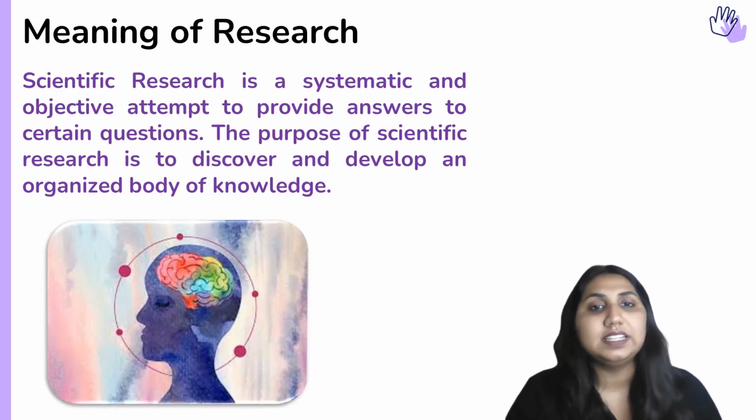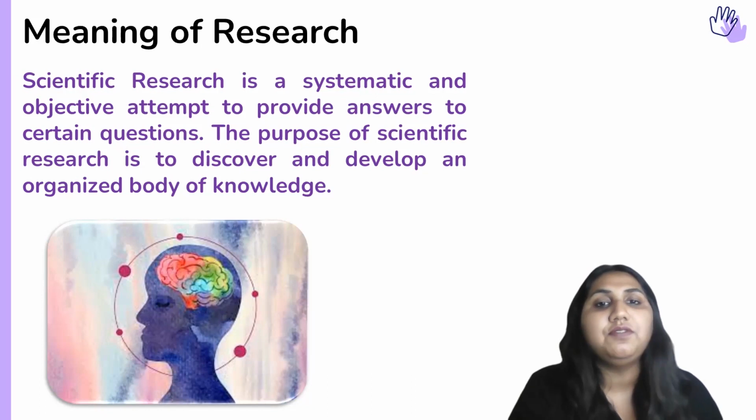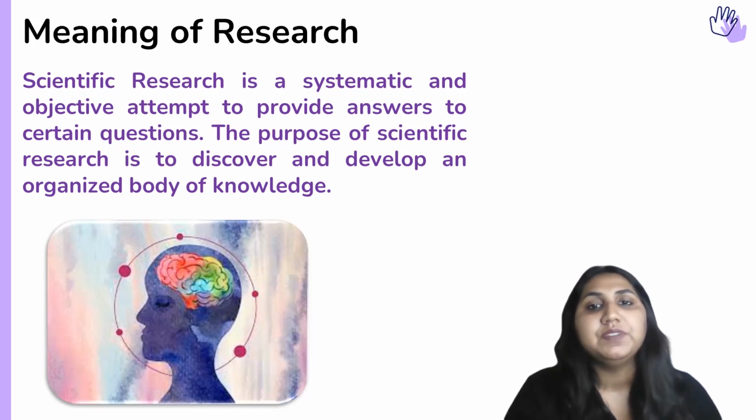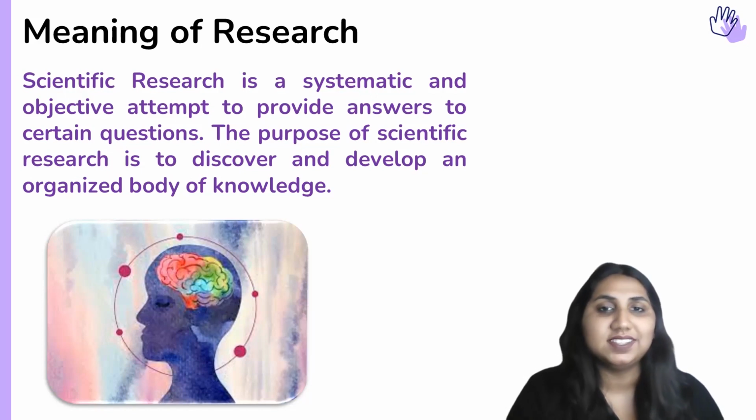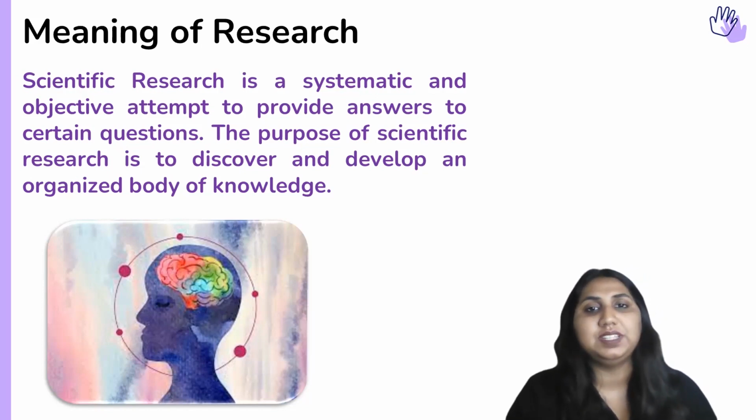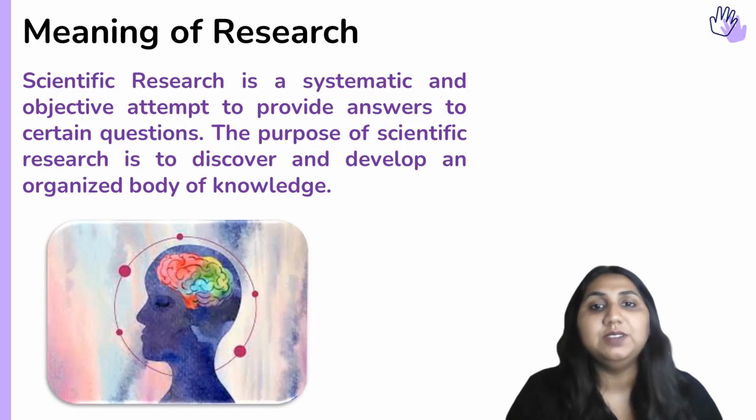The word research, as you know, is composed of two syllables, re and search. The former, re, means again, new, or over again, and the latter means examining closely or carefully. So research means that you re-examine something, you re-evaluate something, you retest something.